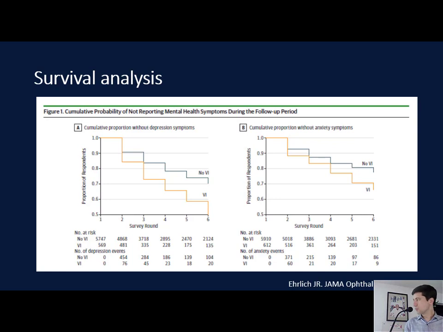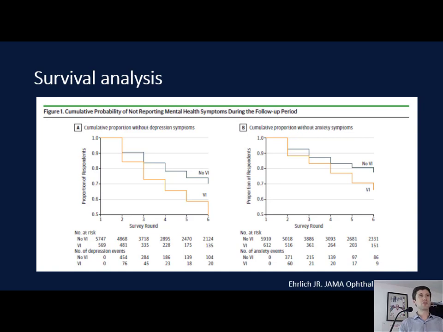And so we used the survival curve to look at, in blue, the people without vision impairment, in orange, the people with vision impairment, and this is the proportion of respondents who have remained depression-free. And we see separation of the lines in that those with vision impairment, as we get out to round 6, actually have quite a bit of depression as compared to those without vision impairment.